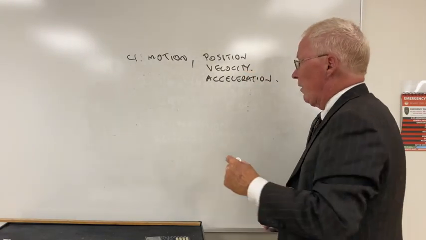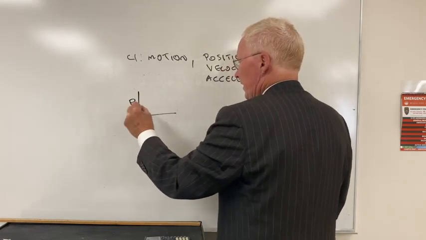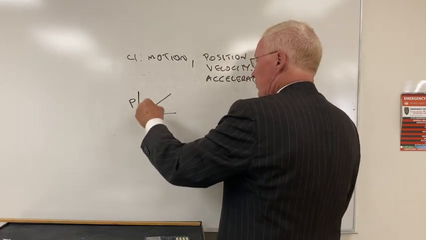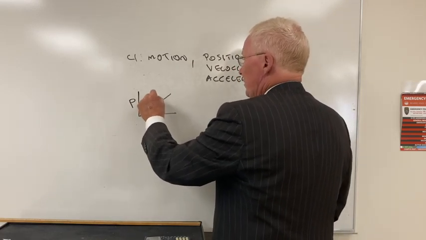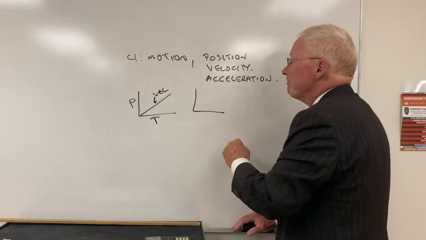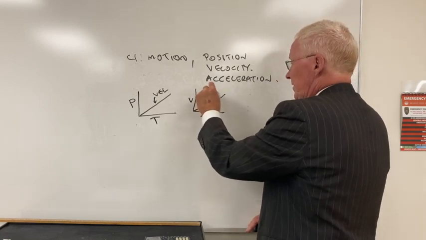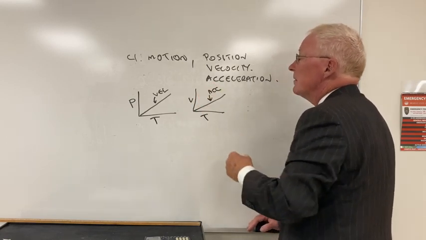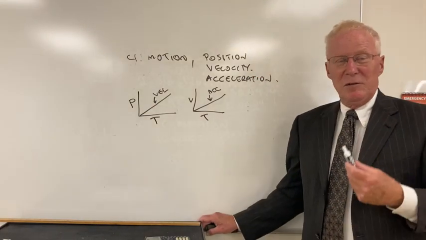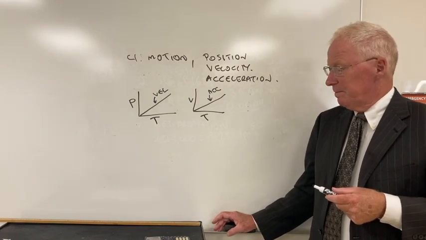We'll also have graphs. If you look at the lecture handouts, position versus time graph. Position versus time, the slope is velocity. For a velocity versus time graph, the slope is the acceleration, right? And look at those, and that's also dealt with in the lab handout.